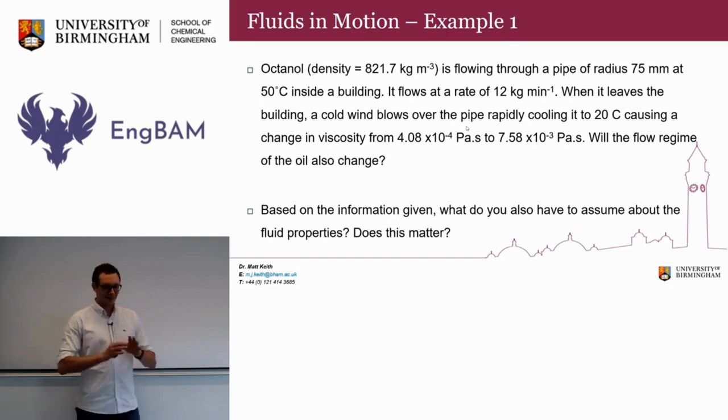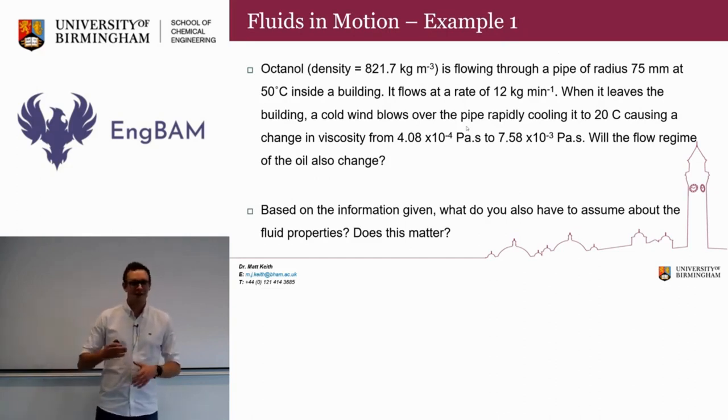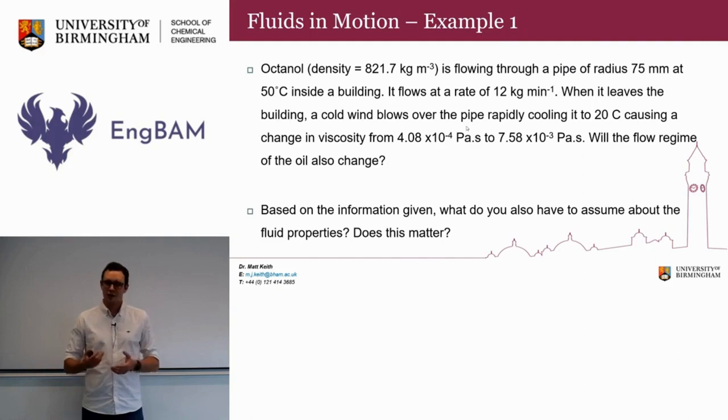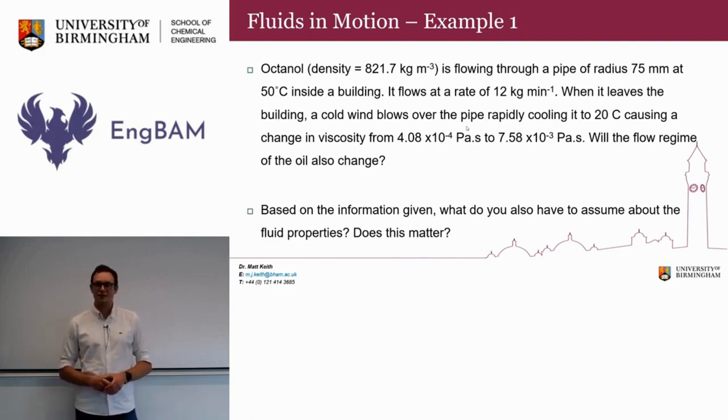Okay, that's a lot of information all at once, looking at how we characterize the flow within our system. So let's take a look at some kind of example. Let's imagine we have our chemical, in this case octanol, flowing through a pipe of a certain radius inside a building.